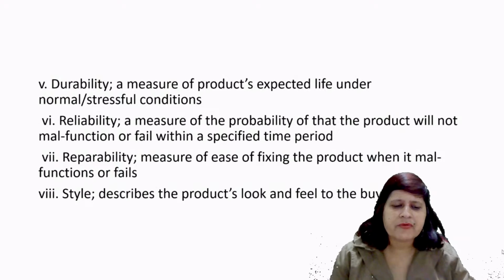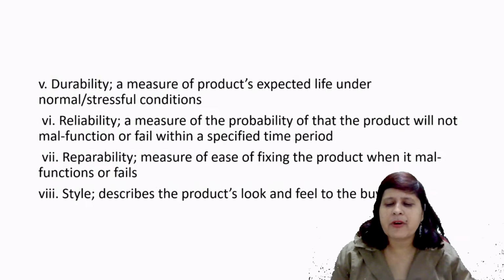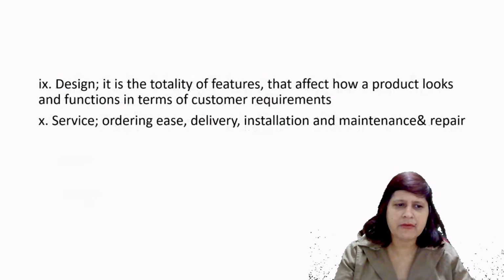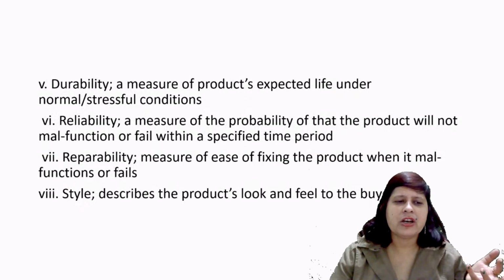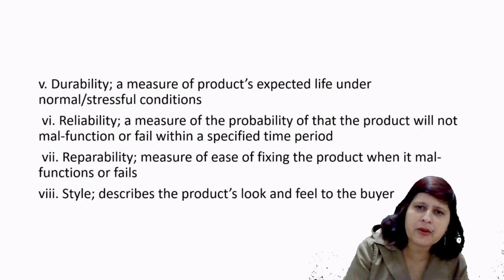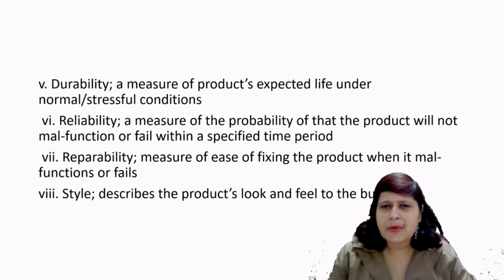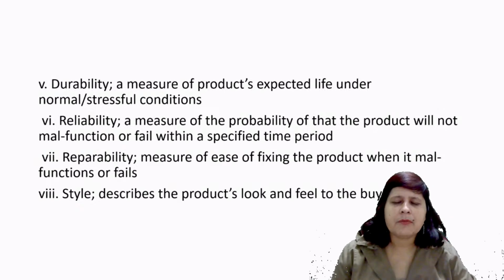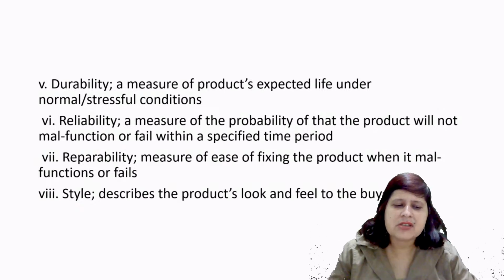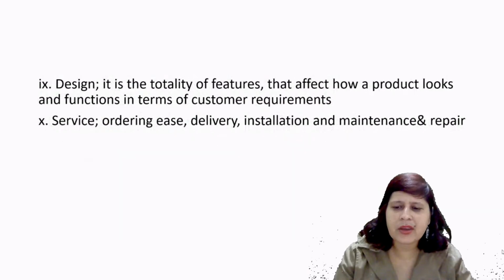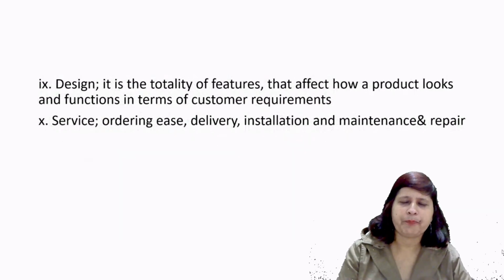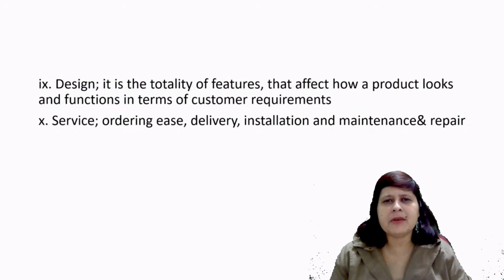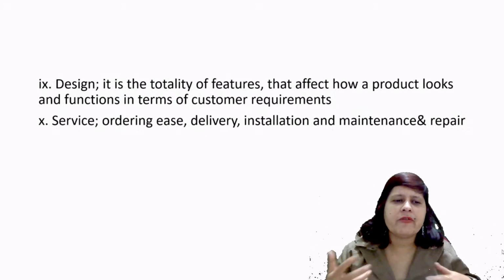On the basis of style, which describes the product's looks and feel to the buyer, you can differentiate the product, right? How durable your product is, how reliable your product is, on the basis of your after sales services, on the basis of your style, you can differentiate the product. And then design. On the basis of design, you can differentiate the product.